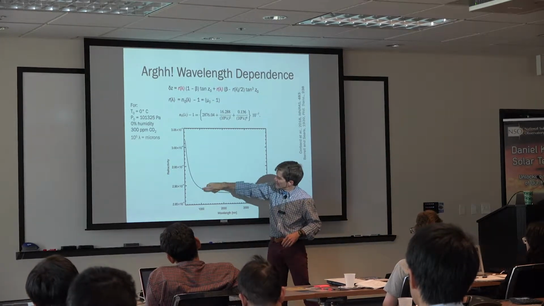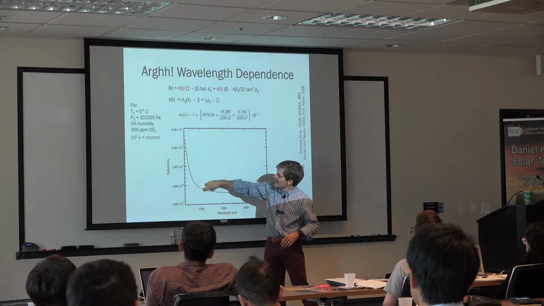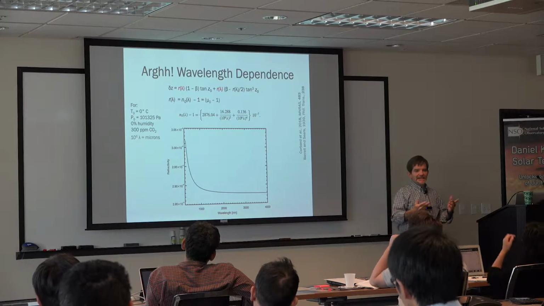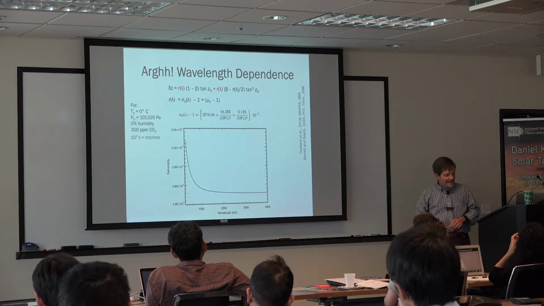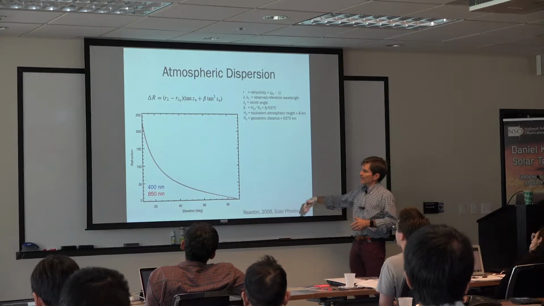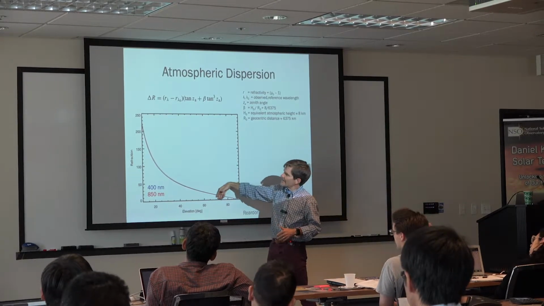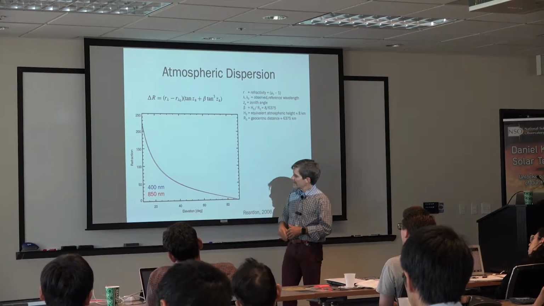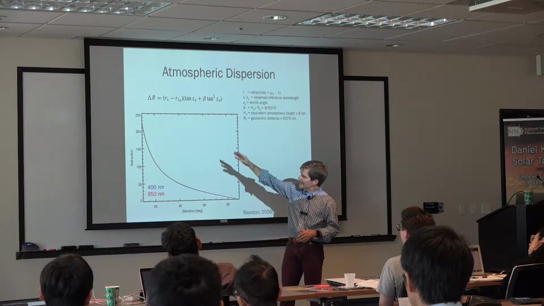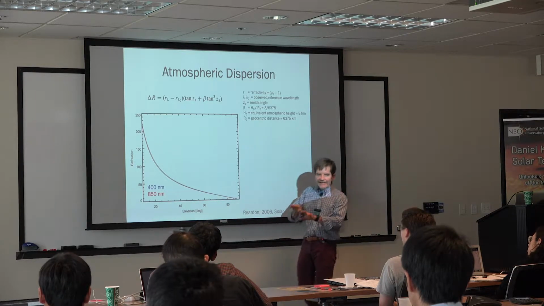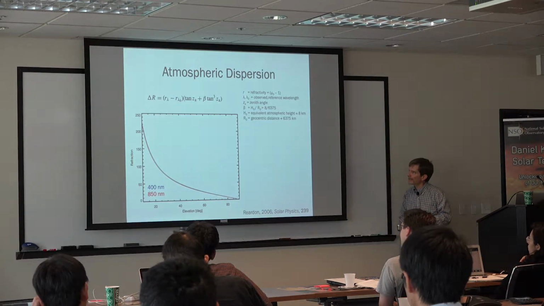But a lot of our observations here from 1,000 nanometers down to 400, there's a strong variation in the index of refraction. So what does that do? Well, the amount of refraction in arc seconds, you see it plotted again as a function of elevation. It goes up, and now I've plotted two different wavelengths, and you can see that they're a tiny bit different.